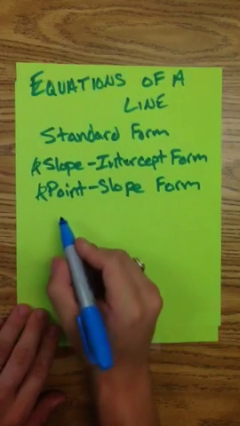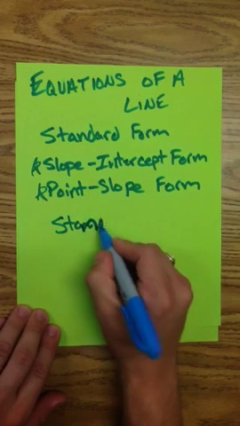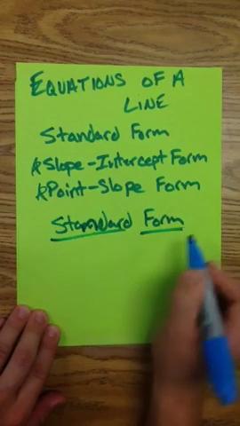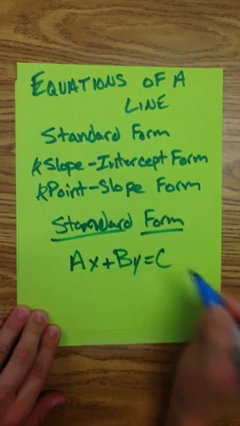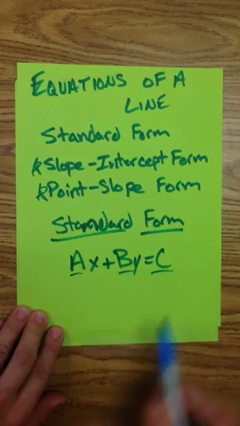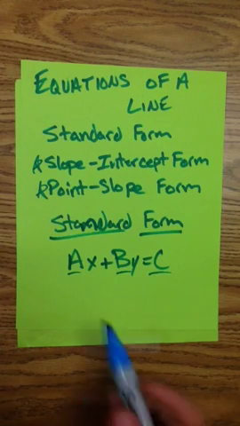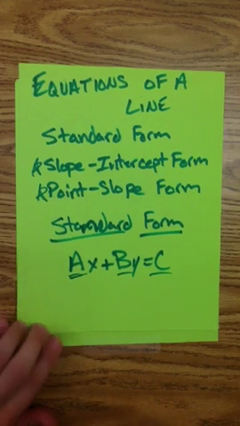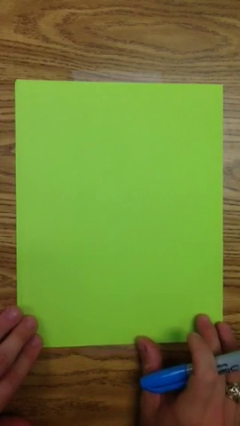Standard form will be written in the form ax plus by equals c, where a, b, and c are all constants, and we're trying to make a, b, and c integers and making a positive at all costs. But for now, I just want you to be able to recognize standard form.